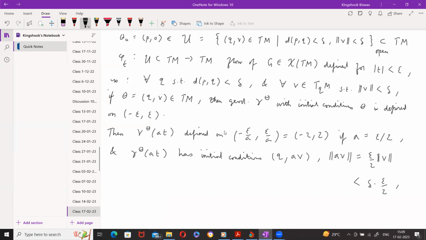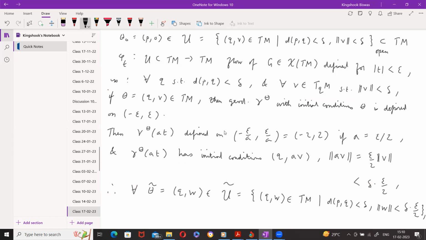So now what does that mean? That means that therefore for all initial condition, let me say theta tilde, which is Q comma W in say U tilde, which is the set of pairs Q comma W in TM such that distance PQ is less than delta and norm W is less than delta epsilon by 2.